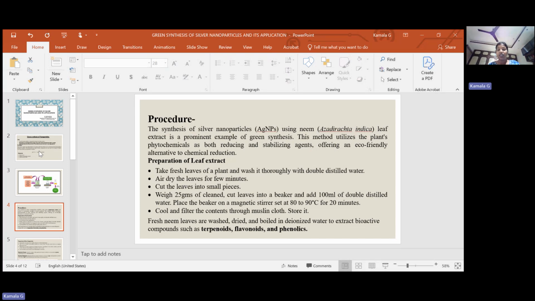First, take the fresh leaves, wash them thoroughly with distilled water, and dry them for a few seconds. Then boil them with double deionized water. After boiling the leaf extract, we use this solution as a reducing agent.